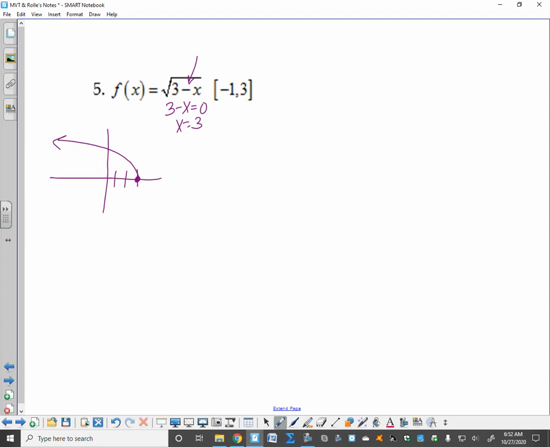So he looks like that. I am going on the interval from -1 to 3. Okay, so we are continuous on the closed interval -1 to 3, and we are differentiable on the open interval -1 to 3. Just barely, but we are.